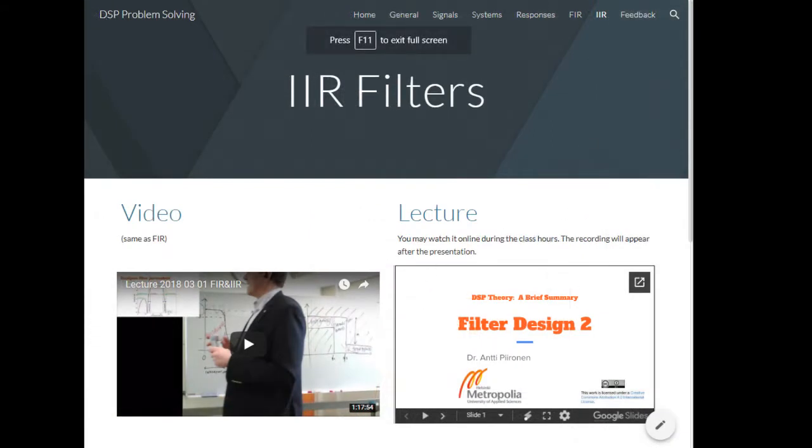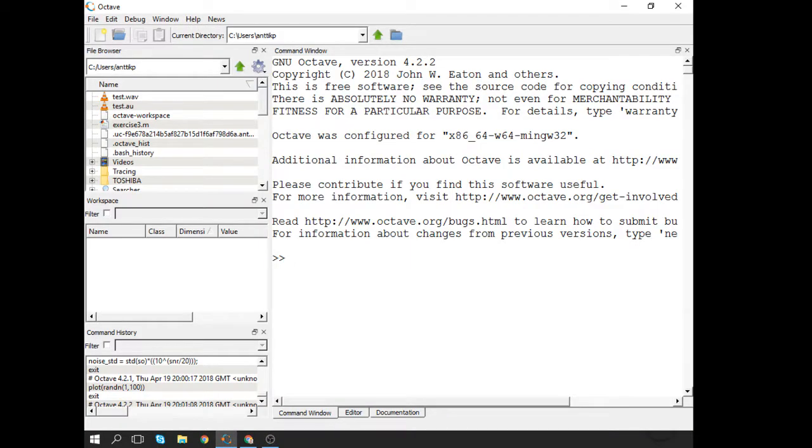So, I'm working on Octave again. So let me start by creating some things to work with. So first, sample rate for the system. Well, we haven't used 8,000 yet. So 8,000 samples per second.